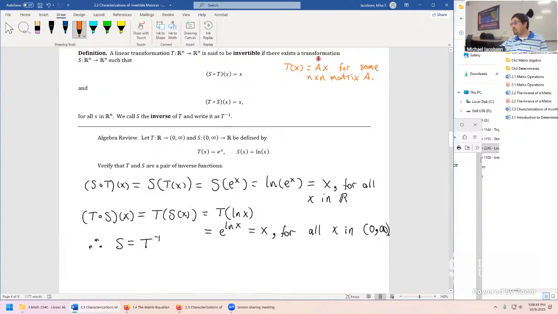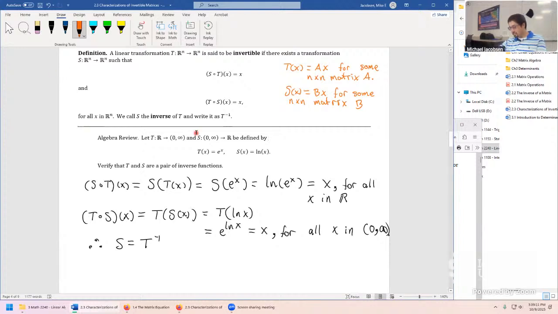But if we want to think about what it does with a standard matrix, this is our key into the invertible matrix theorem. This is an n by n matrix now. Then similarly S of X would be equal to a matrix B times X for some n by n matrix B.